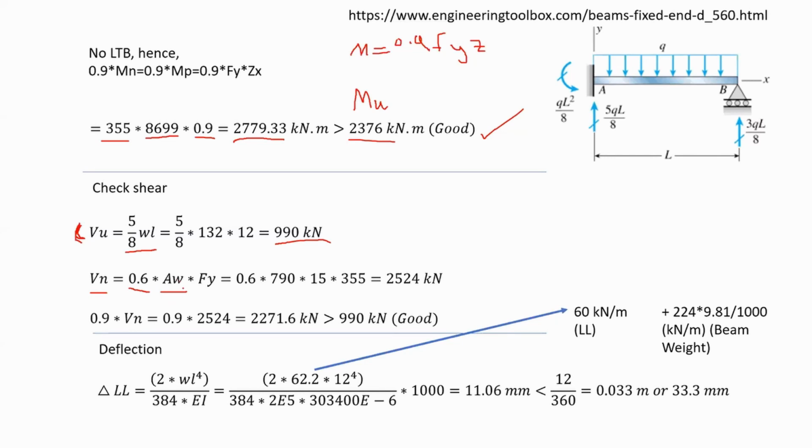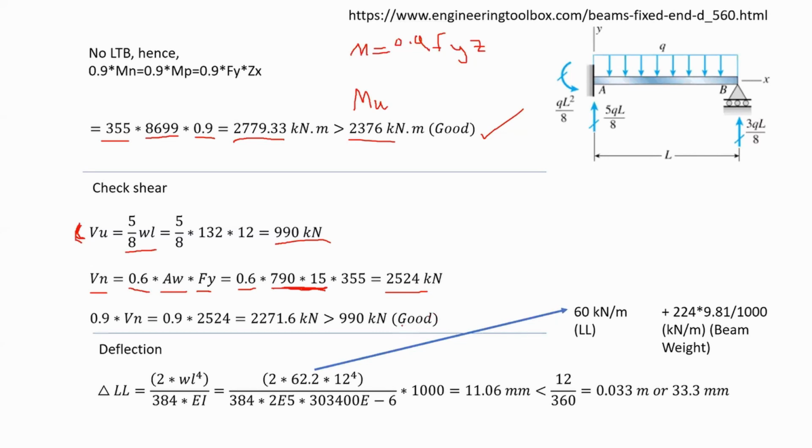Therefore, the flanges are ignored. So area of web multiplied by Fy, and you substitute everything you have. These values, I took them from the section tables, 790 by 15. That's the area of the web. And you get your nominal capacity equal to 2,524 kilonewtons.